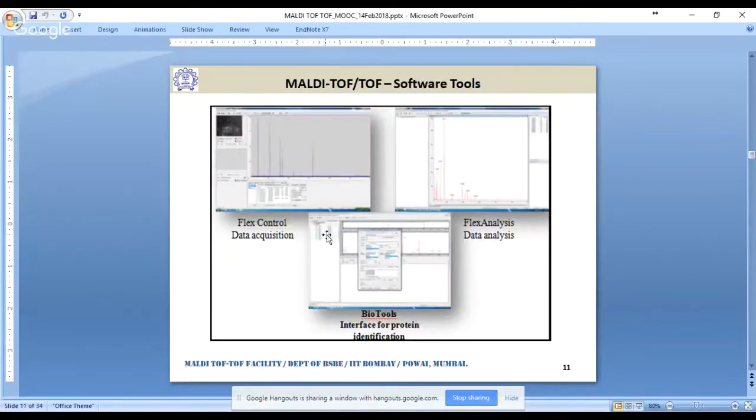Like I said, the Flex control software is the one that is used for acquiring the data. The Flex analysis is used for the analysis of the data. And there is a third software which is called BioTools. This is generally used when the MSMS mode is being applied in the instrument and if the identification of proteins is to be done.